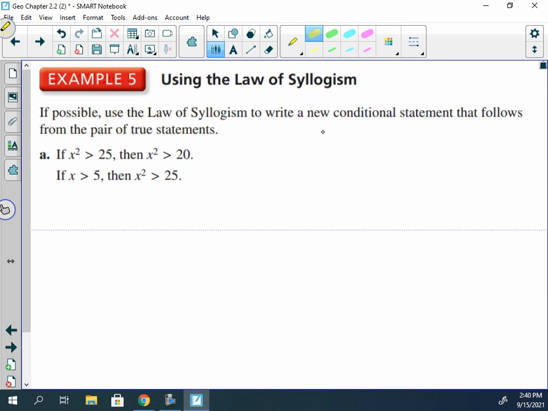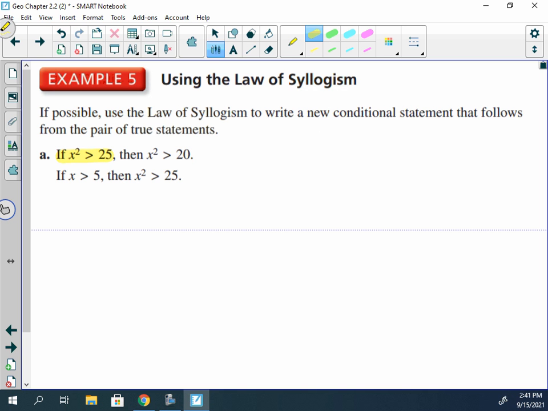Now, one of the big things I said when we looked at the law of syllogism to start with is that the hypothesis of one and the conclusion of the other must match up for us to be able to use this. So, does one part match up for both of them?